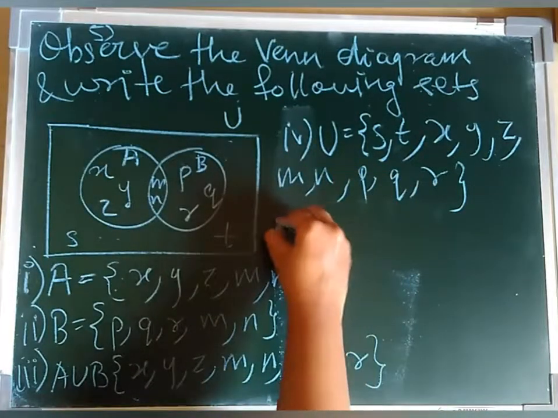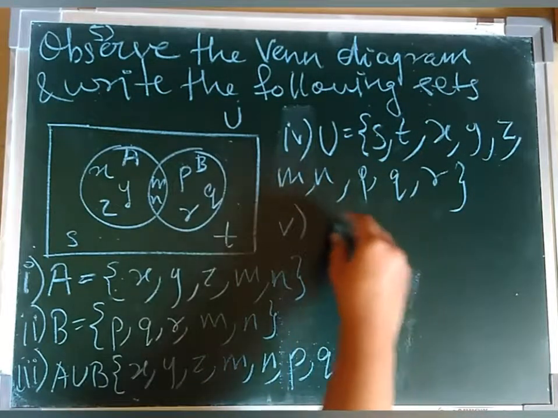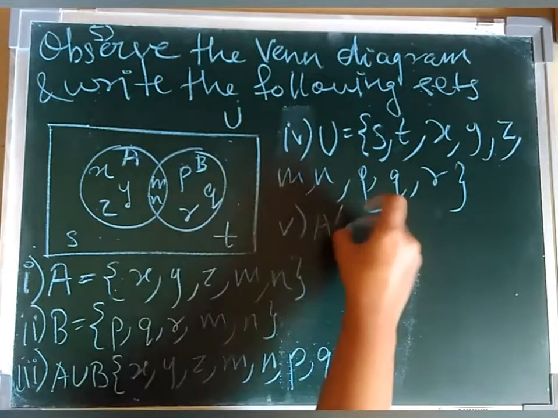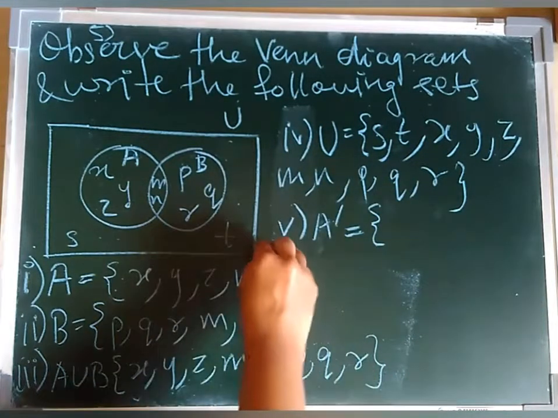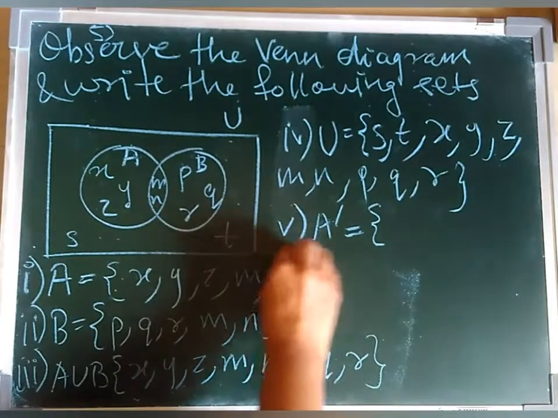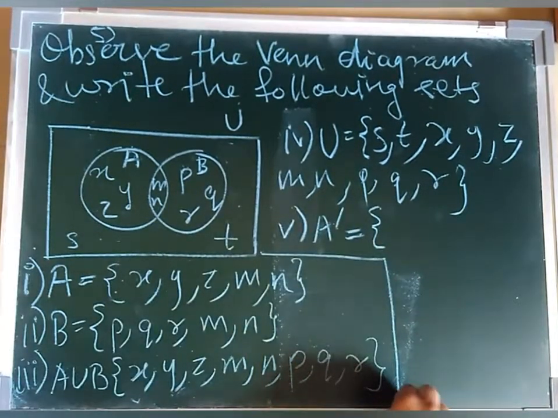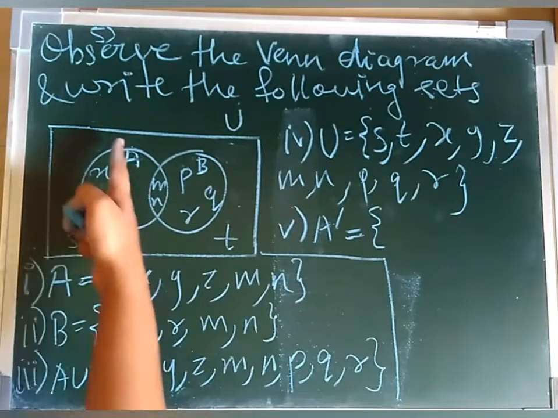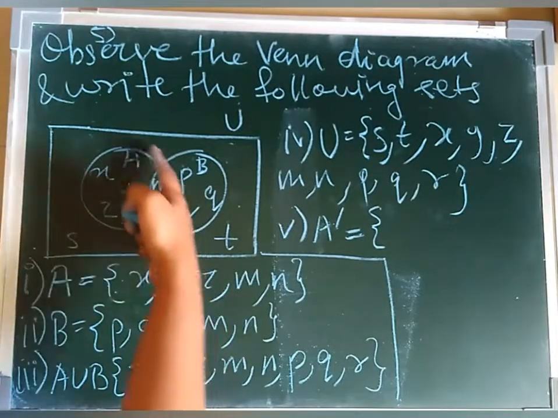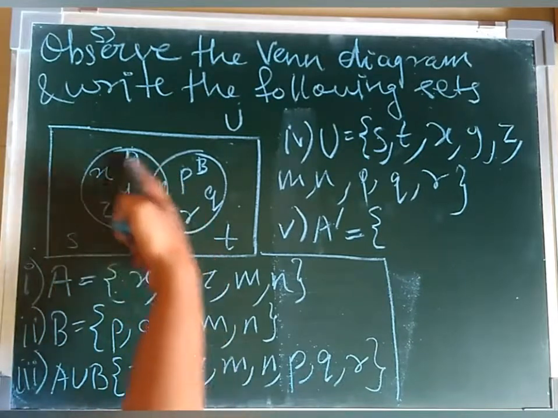Okay. Now fifth sub question is A complement. What is A complement? A complement means all the elements which are outside this circle. Outside the circle.